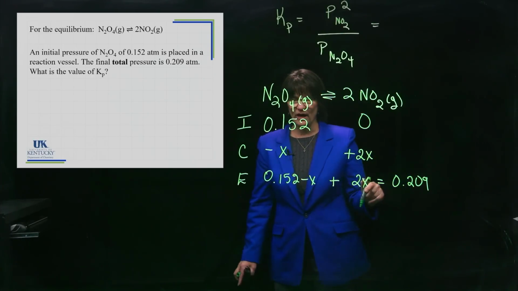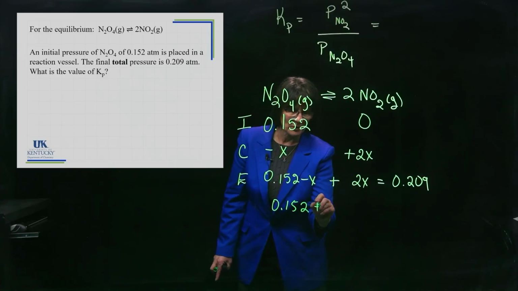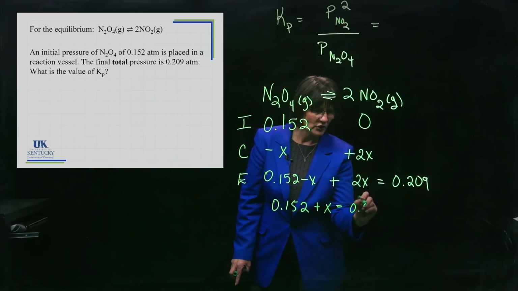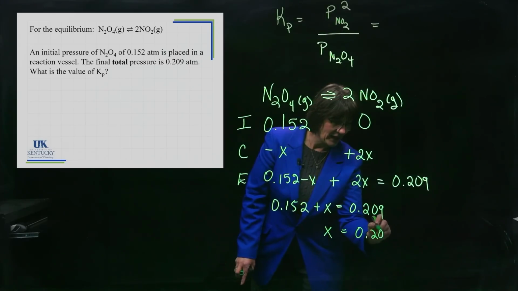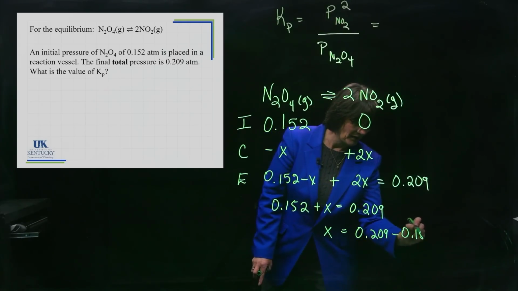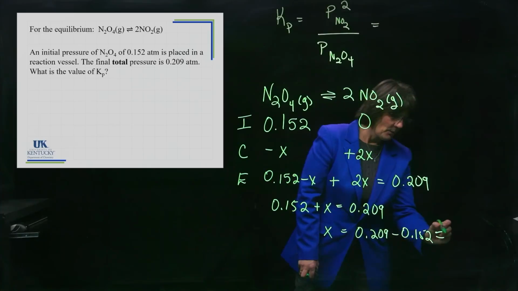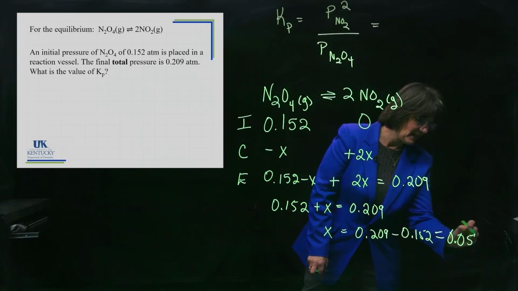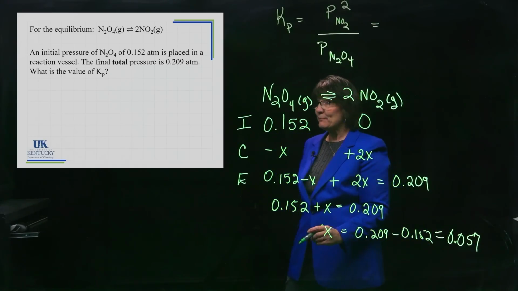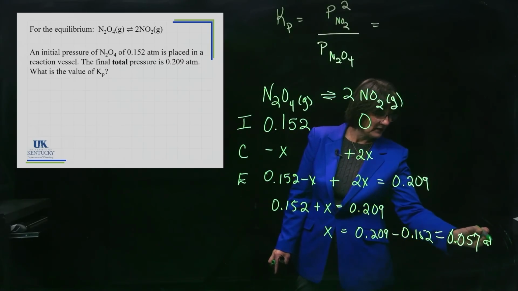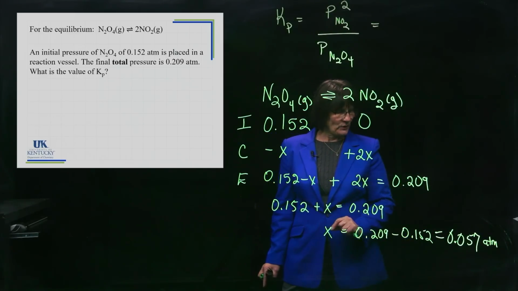So now I could solve for X. I have 0.152, combine my X terms would be plus X, is equal to 0.209. So X is 0.209 minus 0.152. That's going to give me an X value equal to 0.057. And these was all plugged in as pressures in atmospheres, so that's what I have here is X in terms of atmospheres.